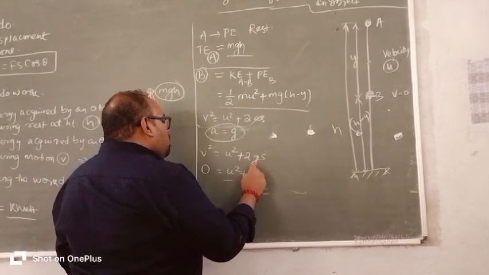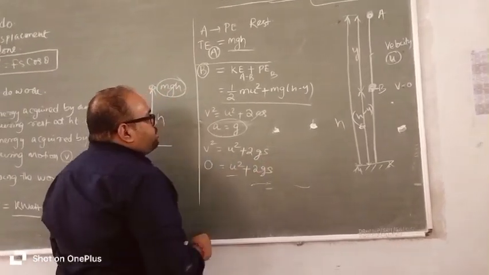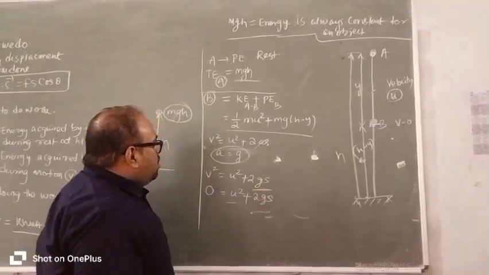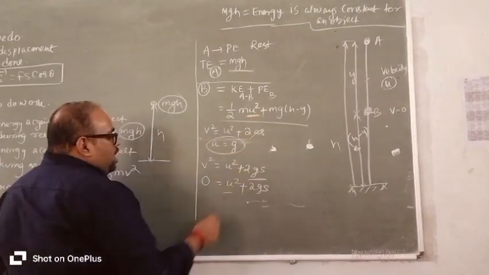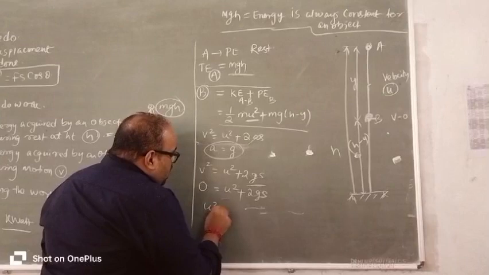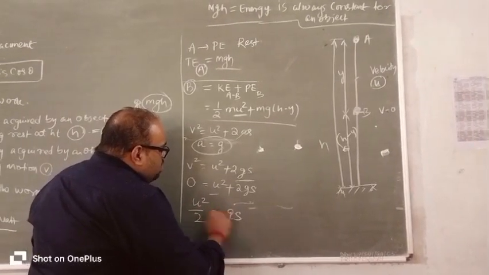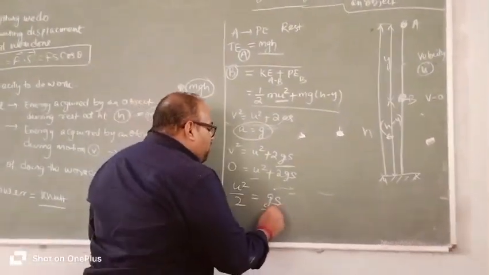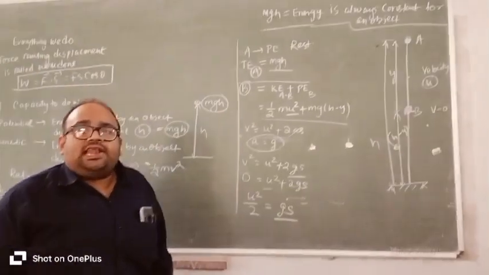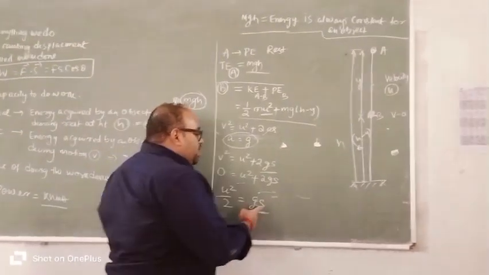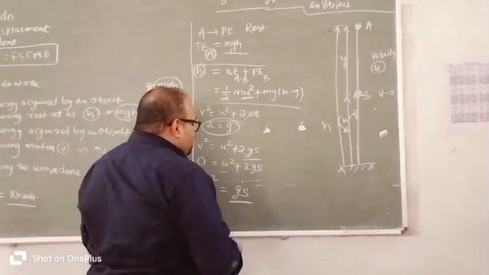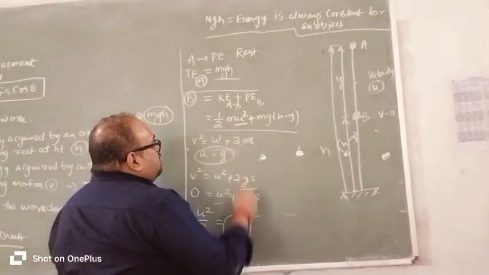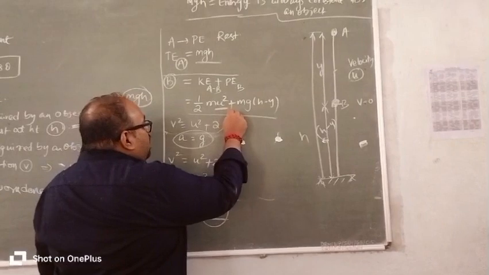So 0 equals u square plus 2gs. Okay. From this, u square divided by 2 equals gs, and the negative sign vanishes because gravitational pull generates deceleration in the object. So the negative sign is for deceleration. So I can write half u square equals gs.